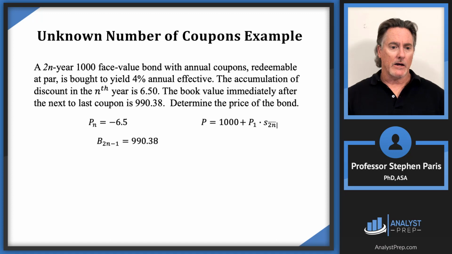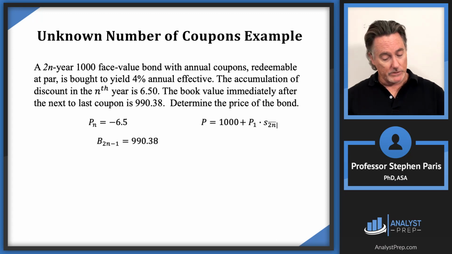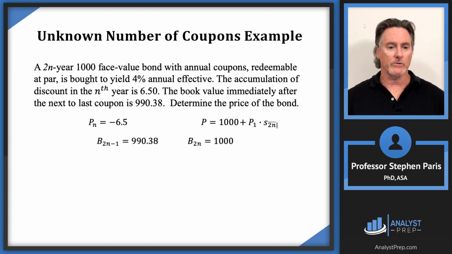I also know the book value at time 2N is the redemption value. Remember, after the last coupon is paid, the book value there is whatever the redemption value is. It's 1,000 in this case, and what accounts for the difference between those two book values is, of course, the cap P sub 2n value.